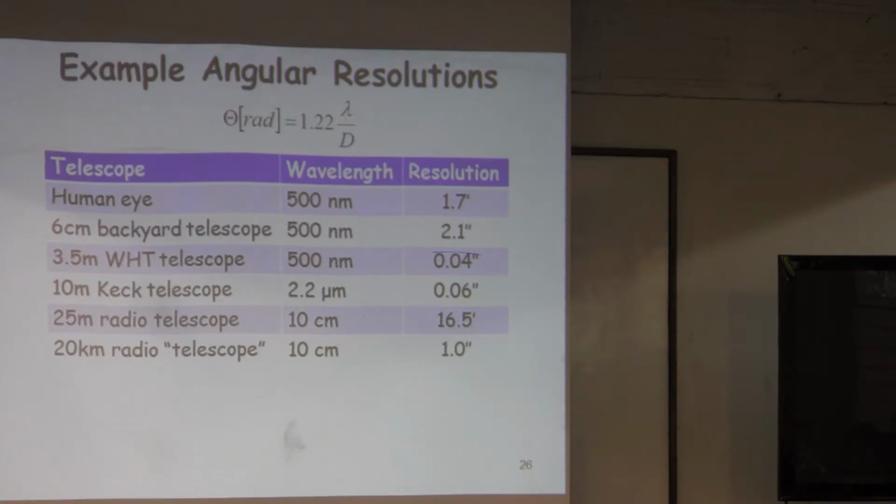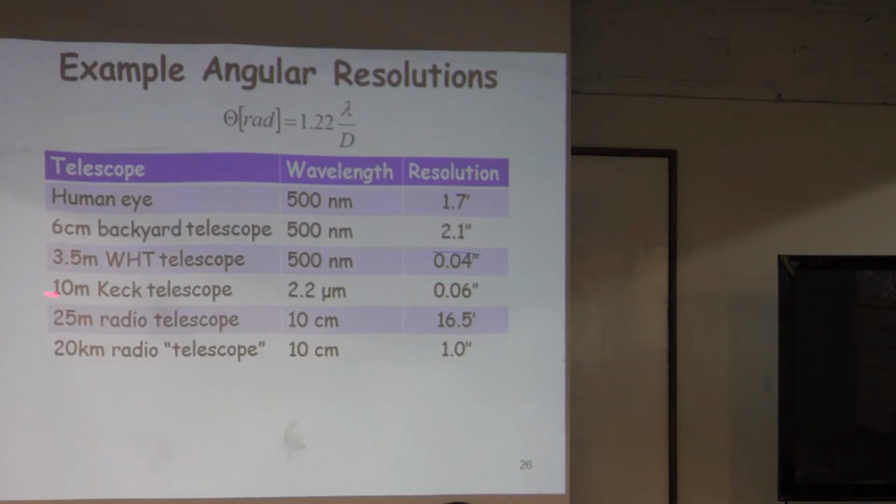If you go to the 3.5 meter telescope, which is located on the Calar Alto, 3.5 meter mirror, then the resolution, I mean, it scales essentially just with 1 over d. So you have just a ratio of 3.5 meter over 6 centimeter that gives you the difference between 2.1 arc seconds and 0.04 arc seconds.